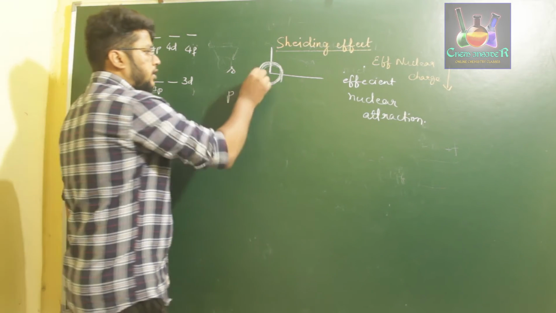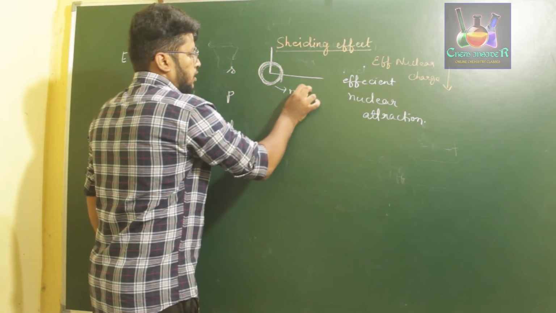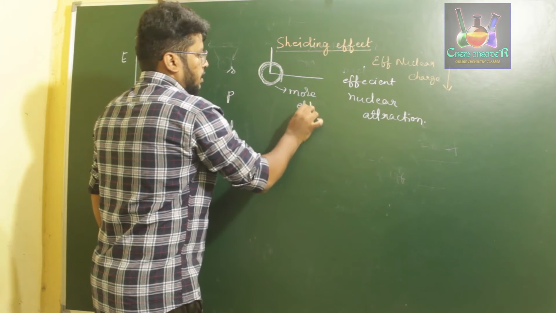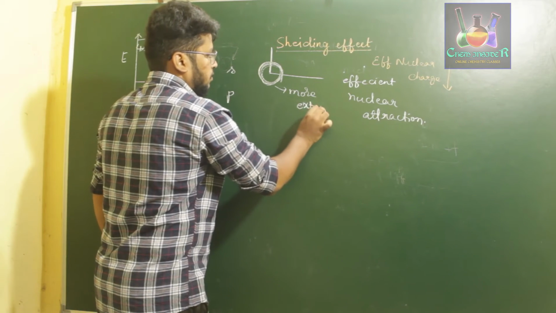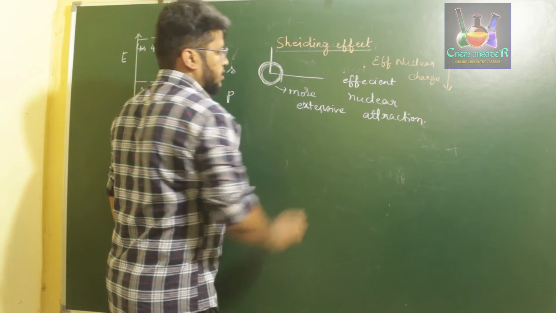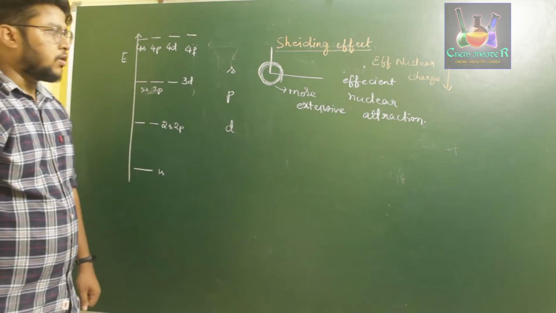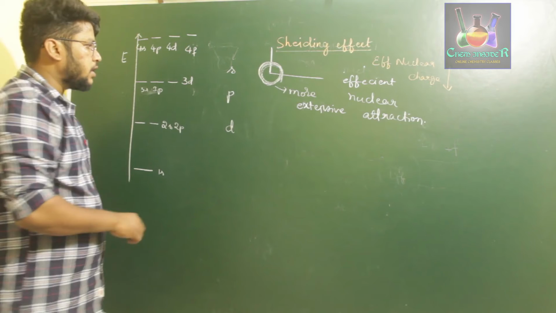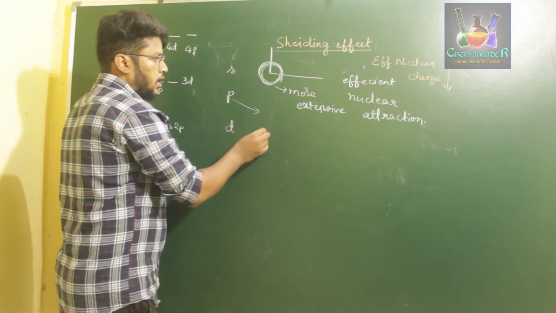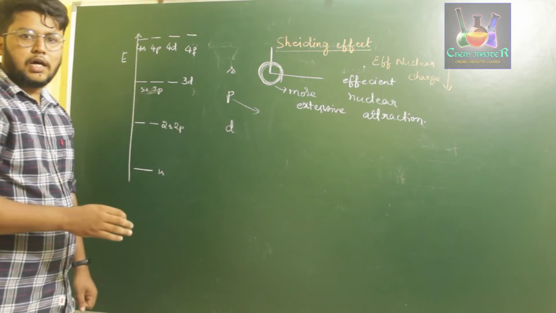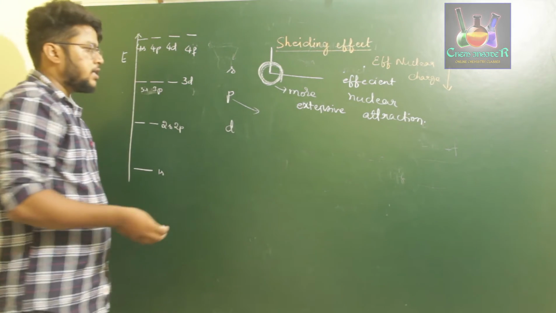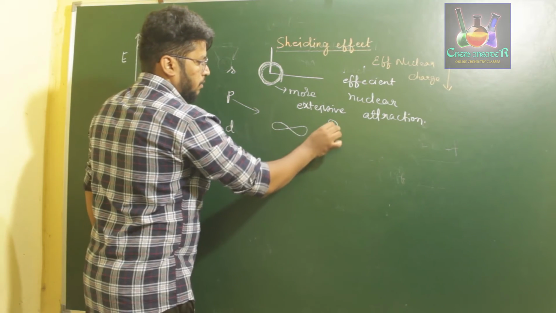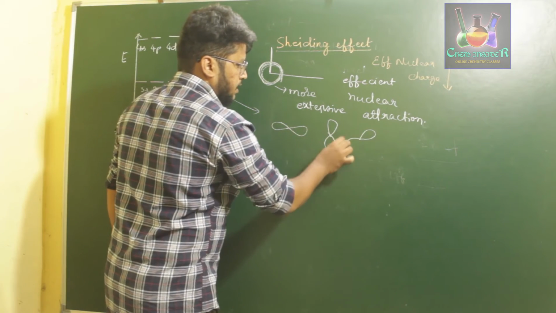Therefore, they create a more extensive shielding effect because they are concentrated equally in all directions. If you consider p orbitals, they have fewer orbitals and they are aligned in particular directions like px, py or pz.